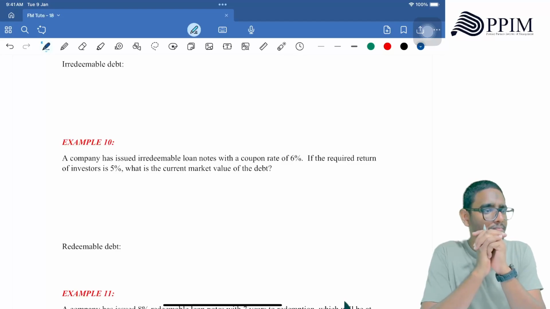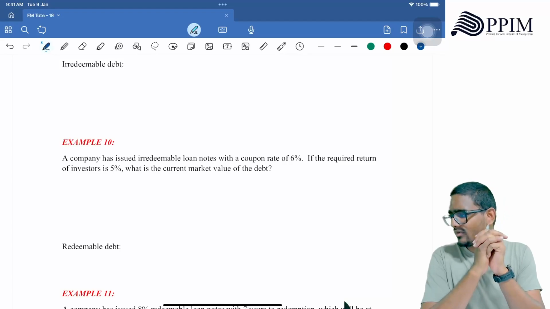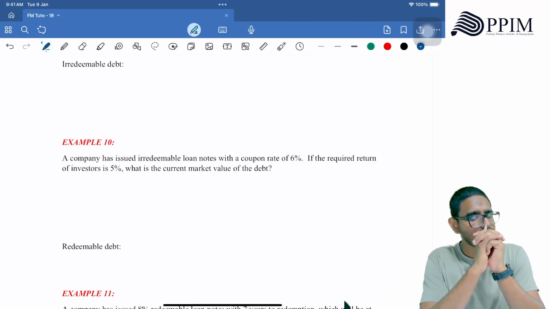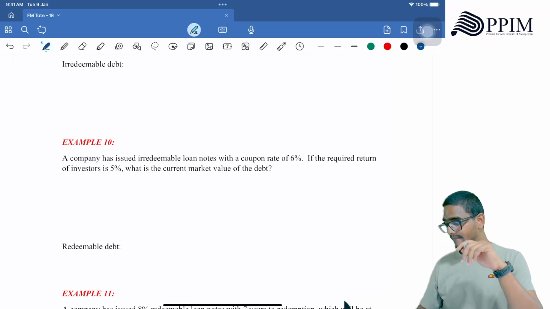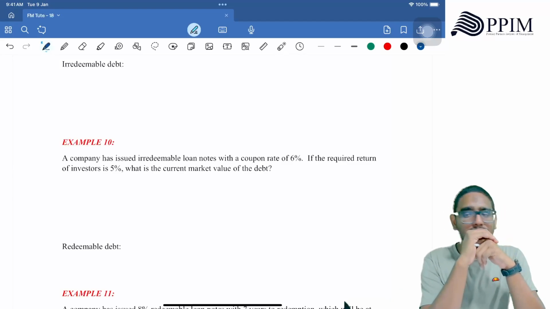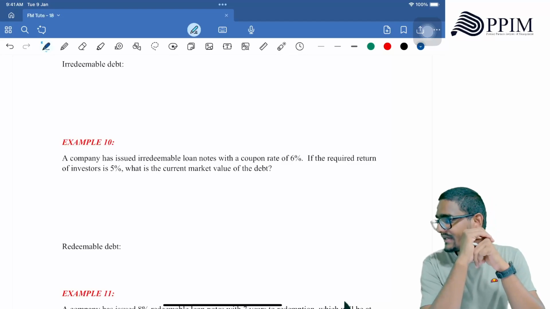If you don't know the main characteristic of irredeemable debt, I think all of us have to get some sort of redemption. Did I confuse you with one more? Good. Right. So what is the main characteristic of irredeemable debt?